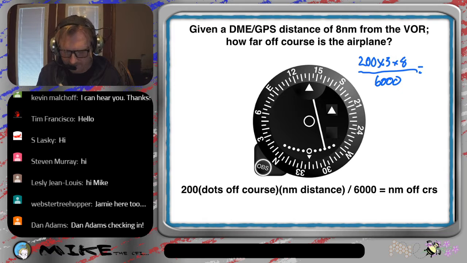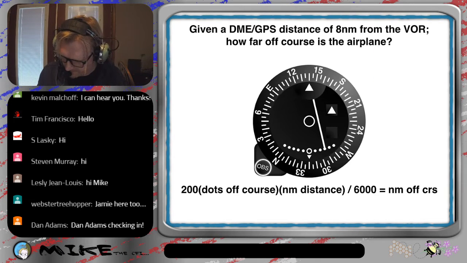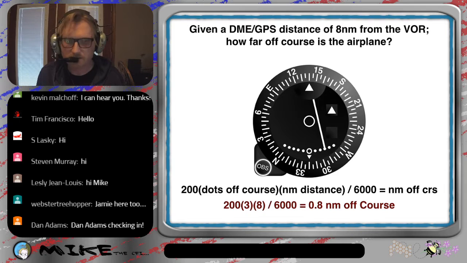So 200 times 3 times 8 equals 4,800, I think, right? Yeah. Then we divide that by 6,000, and it tells us that we are 0.8 nautical miles off course. Let's see how we did. Bing.